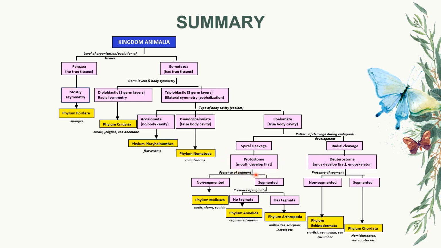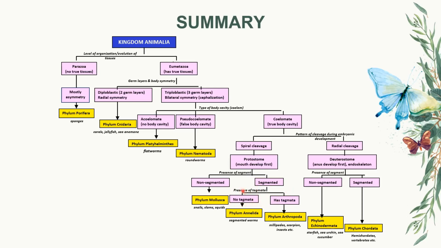Now we're going to look at the presence of segments, whether they are segmented or not. If there's no segmentation and they are protostome, they are immediately classified as phylum Mollusca. Examples of Mollusca are snails, clams, and squid. If they are protostome and segmented, we can divide them in terms of the type of segmentation, where they have tagmata or metameric segmentation.